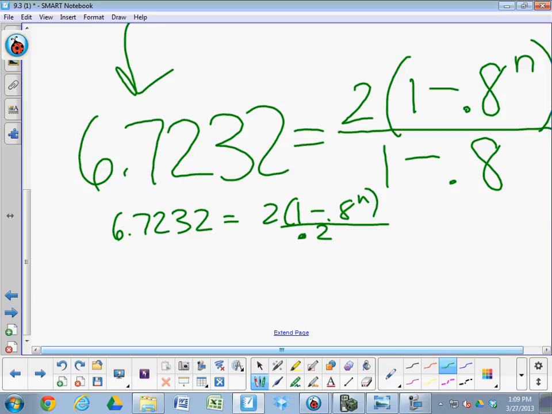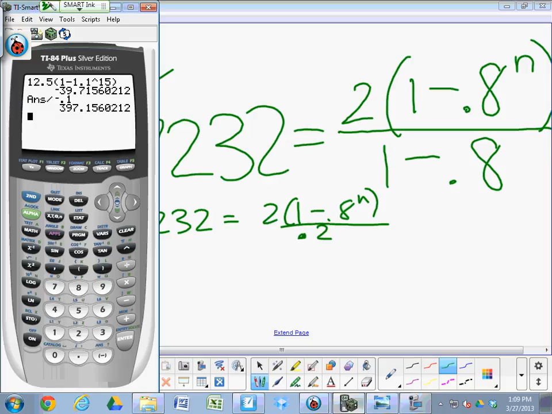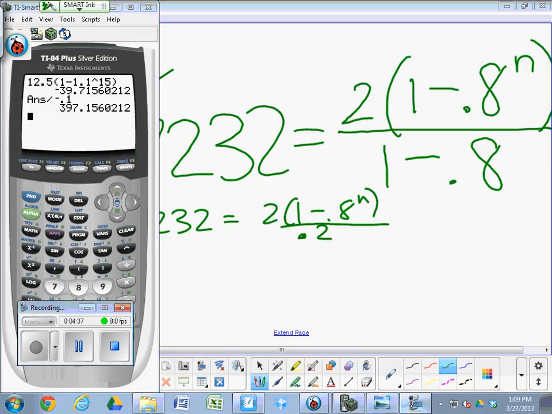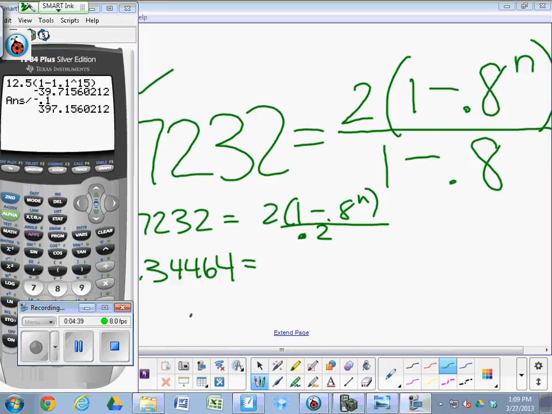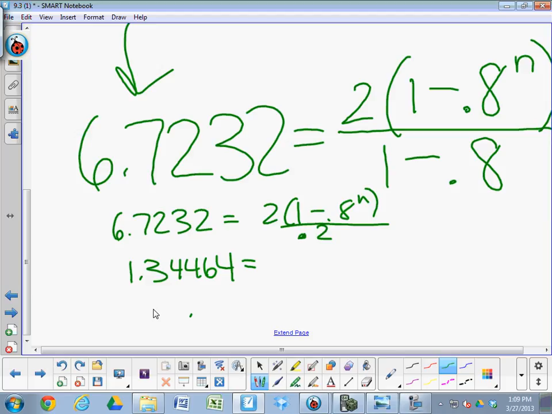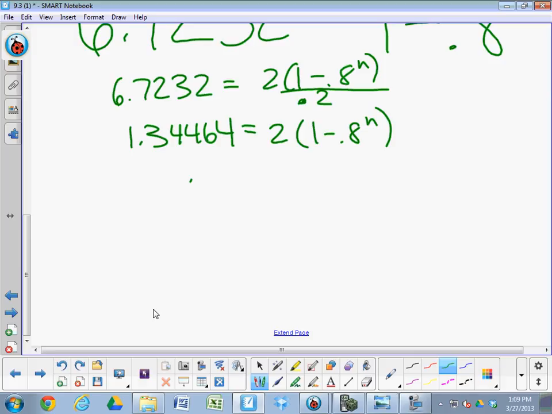Multiply both sides by 0.2. So we get 1.34464 because we multiplied both sides by 0.2. You know the next step in solving this equation.